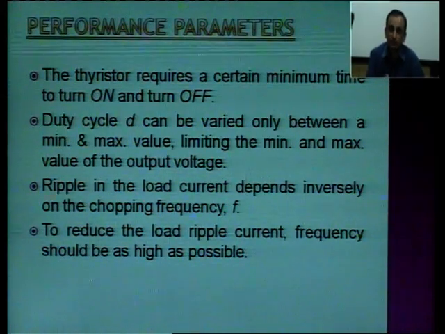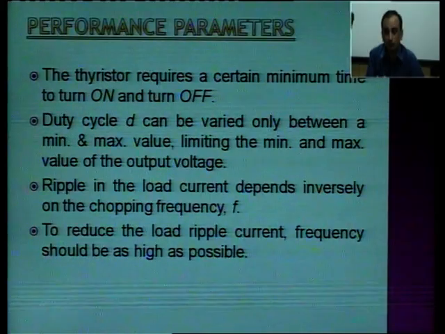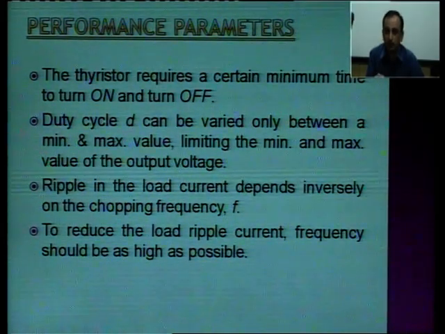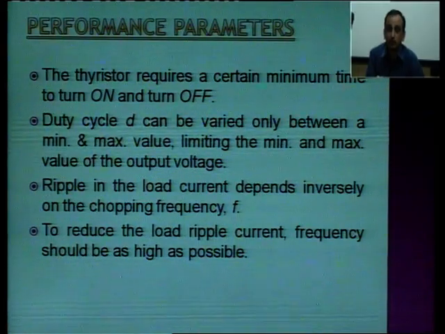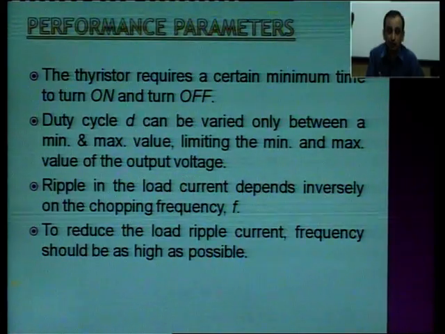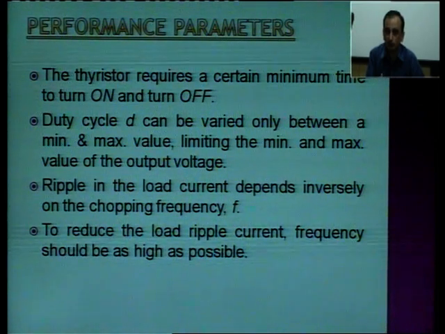Latching current is the minimum amount of current which the thyristor must acquire before it is fully turned on. The thyristor is turned on by applying a simple pulse, but if the current across its anode and cathode is not greater than or equal to the latching current, even if you apply a pulse, it will turn off. So it needs to have that current, that is important.